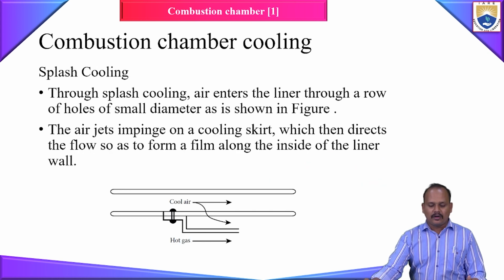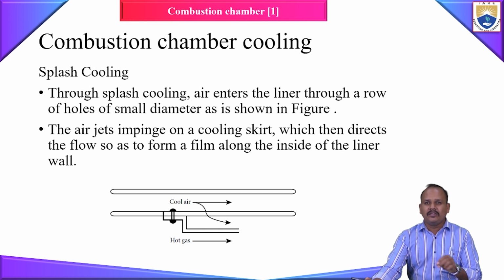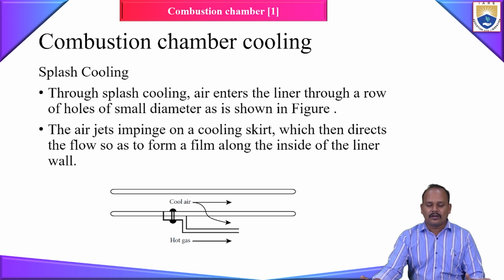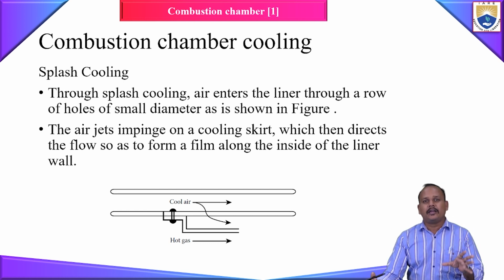The next one is called splash cooling. What is splash cooling? We have the spacing between your casing and liner. At certain locations, the cooling air will enter through small holes present on the liner and impinge on the cooling skirts or cooling surface of your liner, which takes away the heat of your liner material so that you can maintain the temperature of your liner.